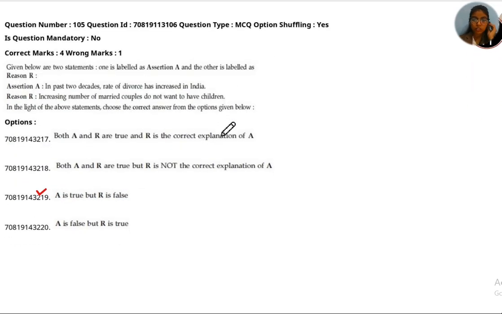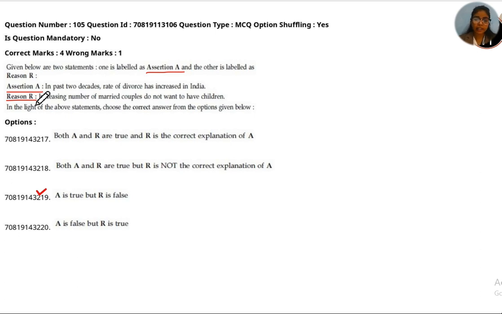Okay, this is your assertion and reason kind of question here. Given below are two statements. Two statements are given to you. One is labeled as assertion and the other is labeled as reason. Okay, an assertion is given to you and a reason. Both things are given to you and it comprises a total of two statements. So what is the assertion?